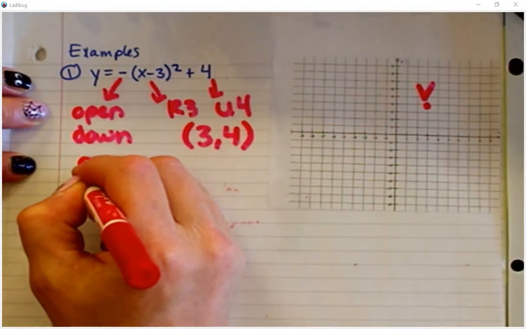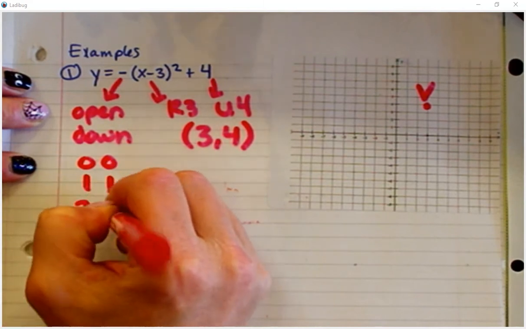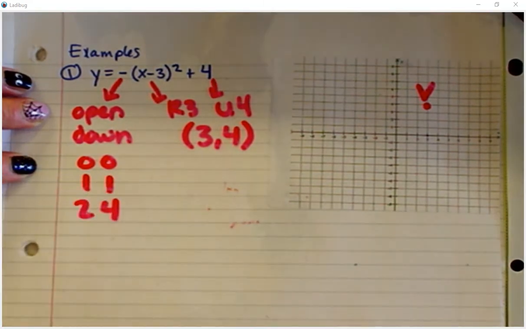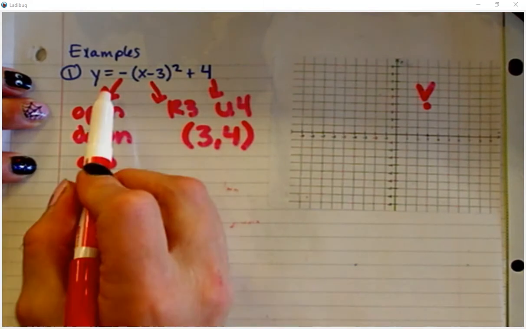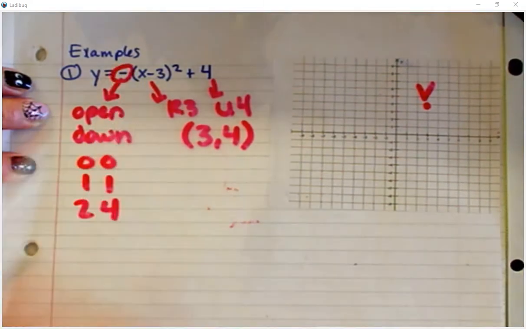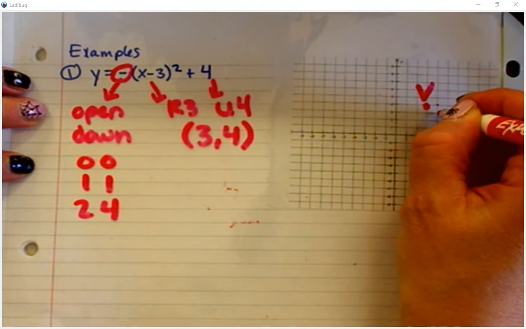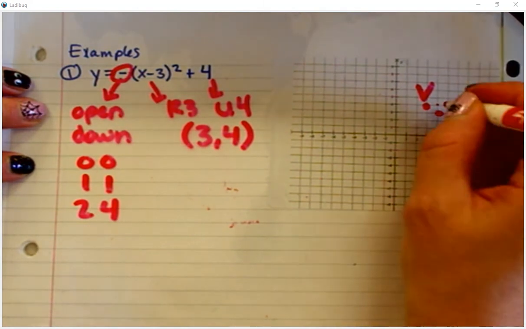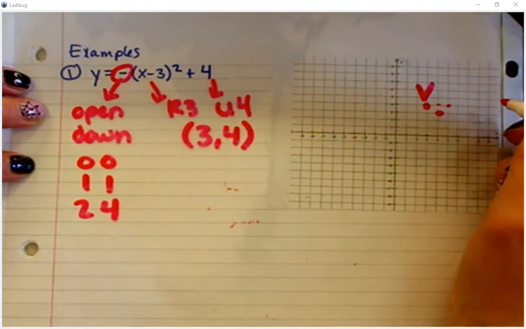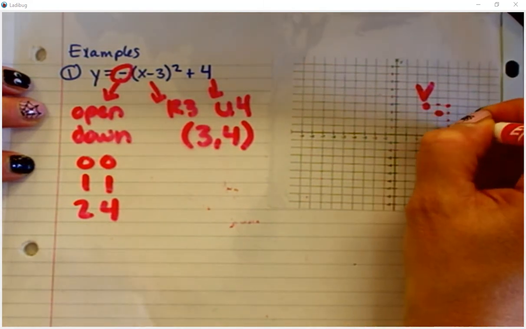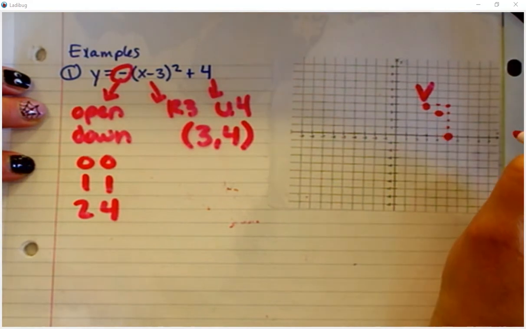Now I'm going to jot down my parent function points so that I know how to count. I know it's opening down because of the negative. So from the vertex, I'm going to go right 1, down 1. Right 2, down 1, 2, 3, 4.